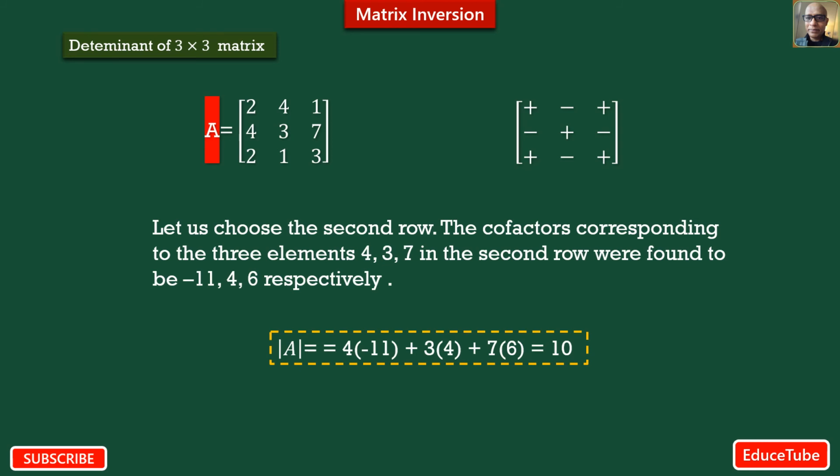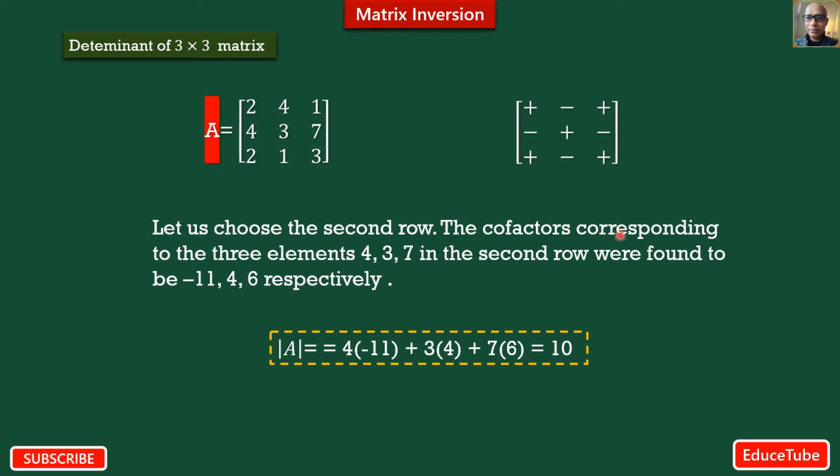Now what will we calculate? We will see what the determinant value is. For calculating the determinant of a 3 by 3 matrix, we can choose any row or any column. Let us choose the second row.